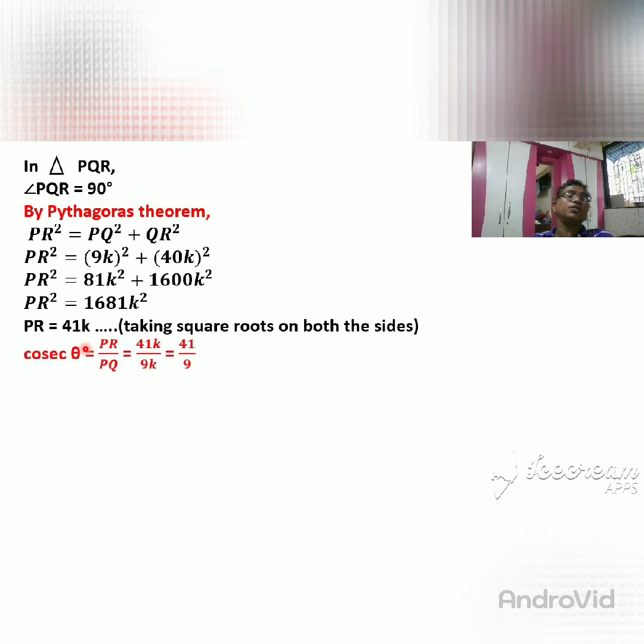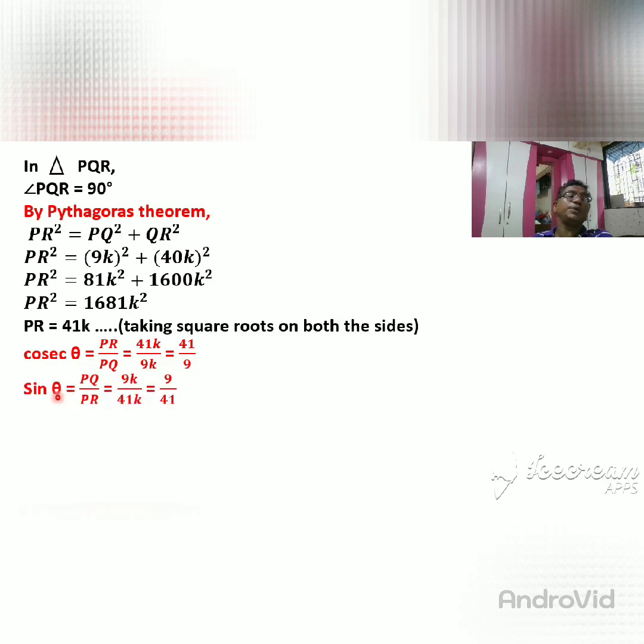Then you want to find cosec theta. Cosec means hypotenuse divided by opposite. So hypotenuse PR, opposite PQ: 41k upon 9k. The k's cancel. What remains? 41 upon 9. So cosec theta is equal to 41 upon 9. Then you want to write sin theta. Sin theta means opposite divided by hypotenuse.